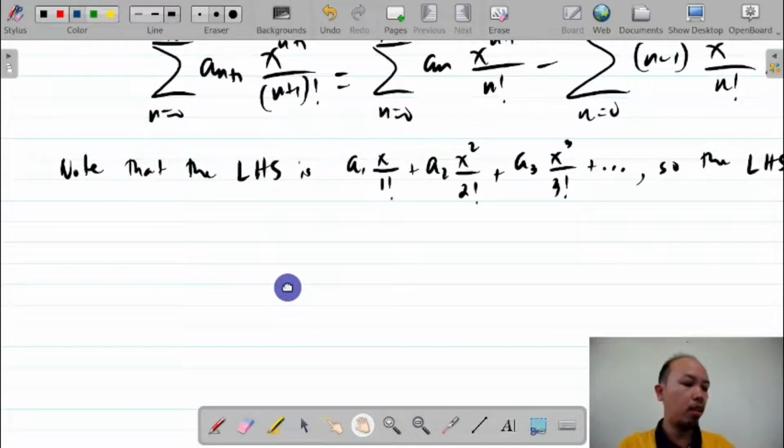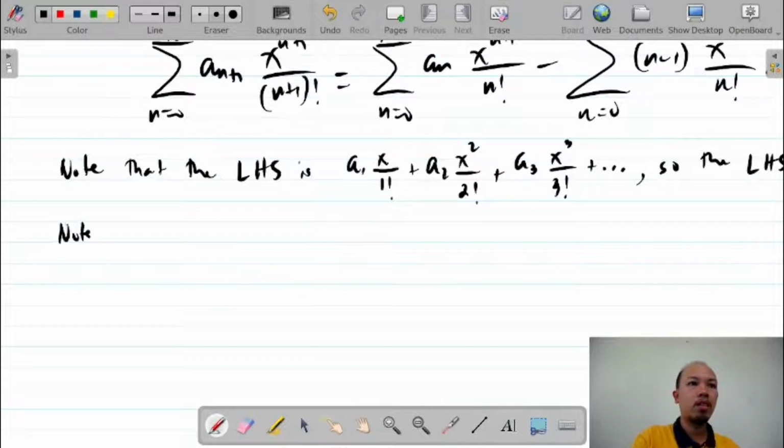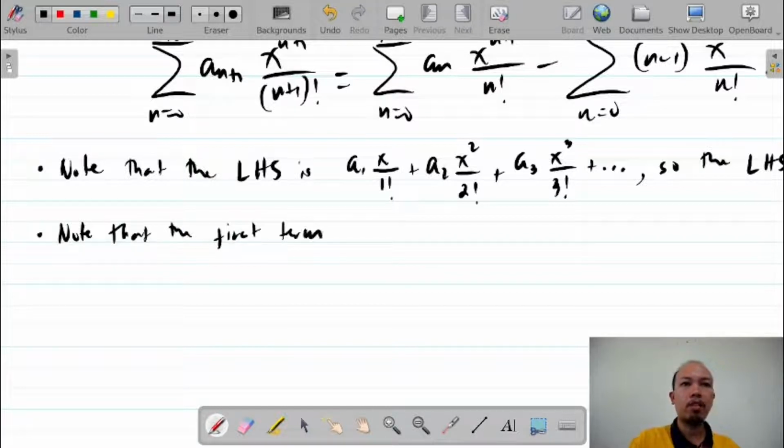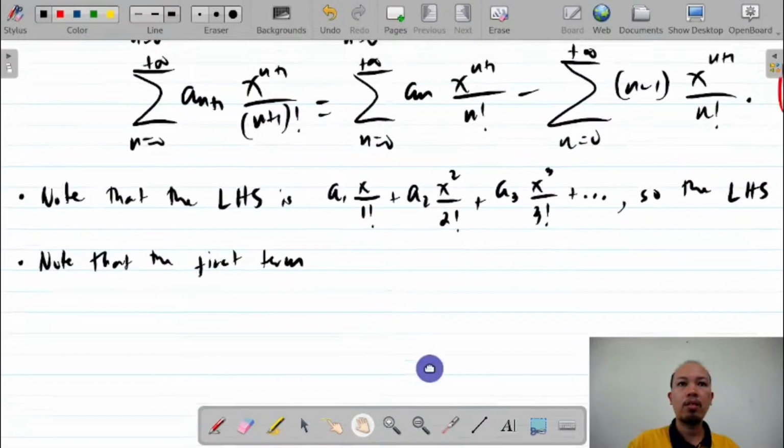How about the first term also? Note that the first term of the right hand side, this one here, let's denote this equation as star.